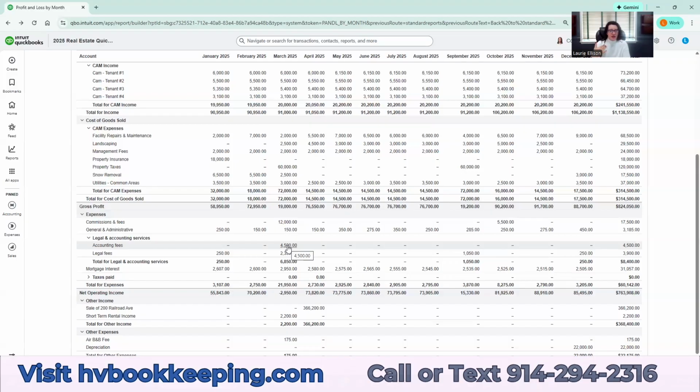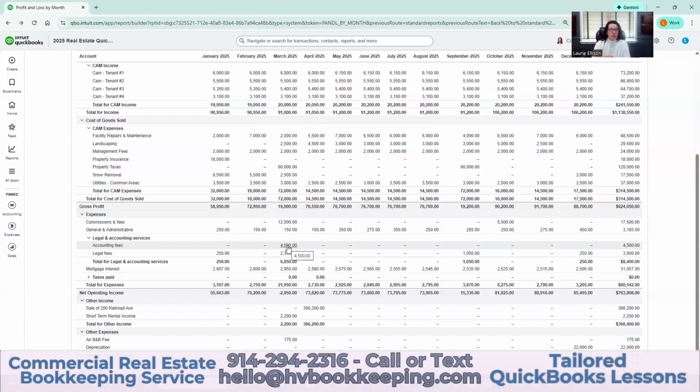I don't always see accounting fees allowed in there. I think in this case, it was an office building, and they considered it just part of the normal management of the company. But also in that scenario, there was no real management fee, which in this case, we have a management fee every month. So that could have been one of the reasons.